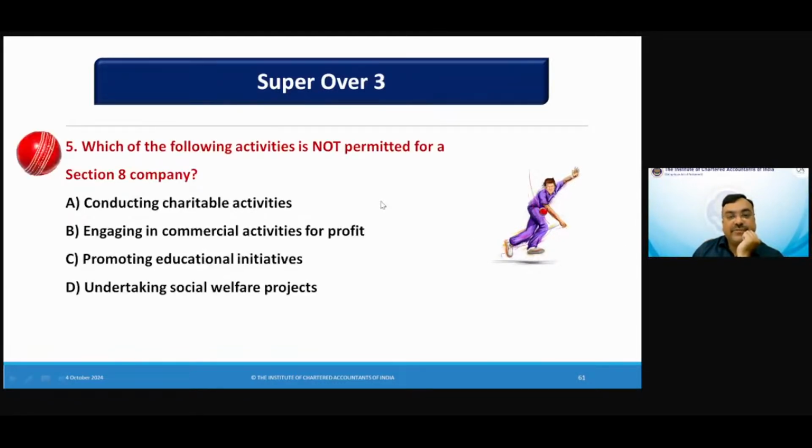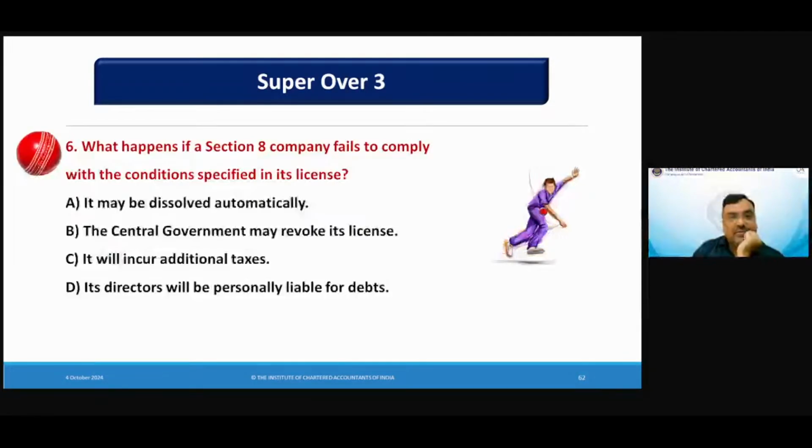Which of the following activities is not permitted? Engaging in commercial activities for profit. What happens if Section 8 company fails to comply the conditions specified in the license? Central government may revoke the license.